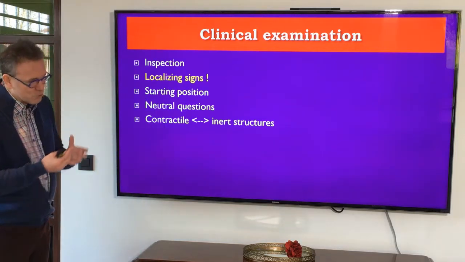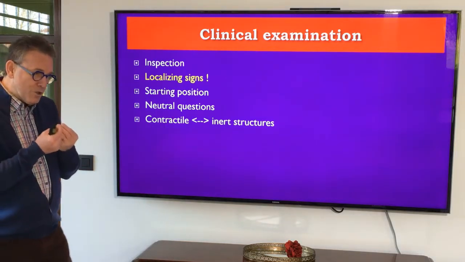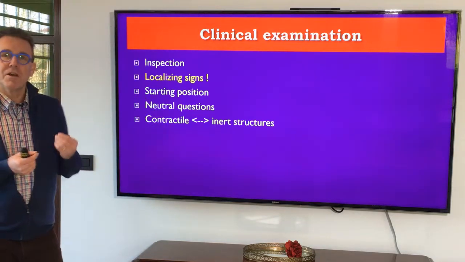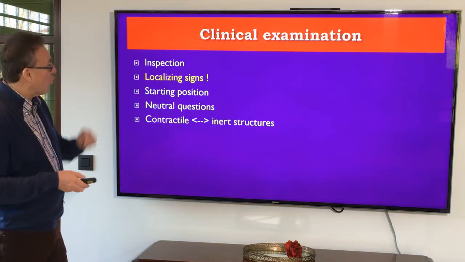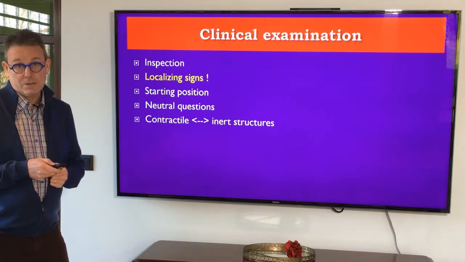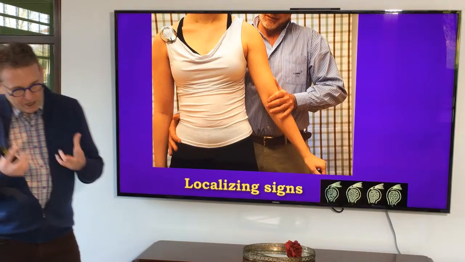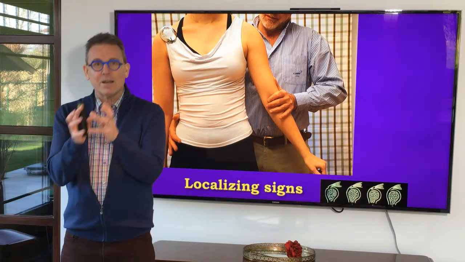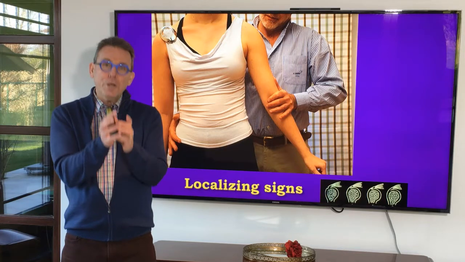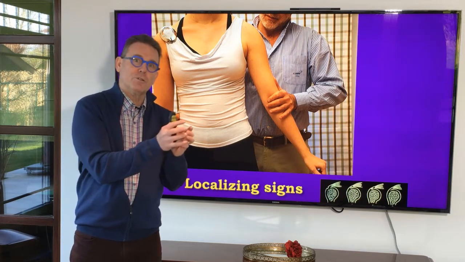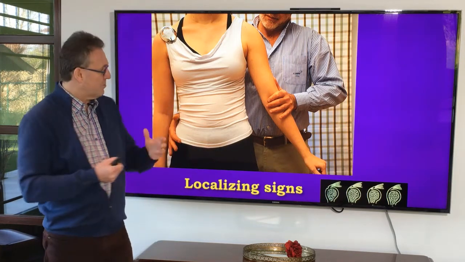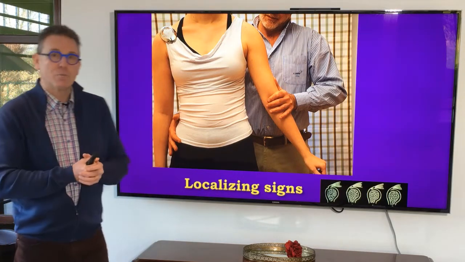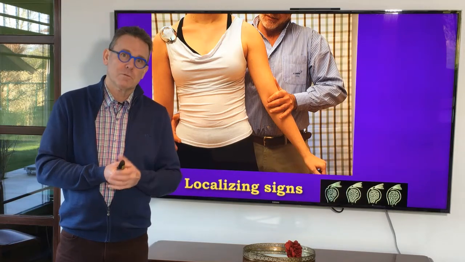So I would like to know where, in which structure, there is a problem. And sometimes we find in our examination what we call localizing signs. And what is a localizing sign? It is a test that tells me which part of a certain structure is lesioned. More specifically, resisted abduction, maximal isometrical contraction.